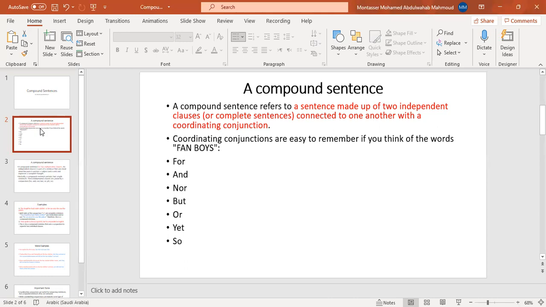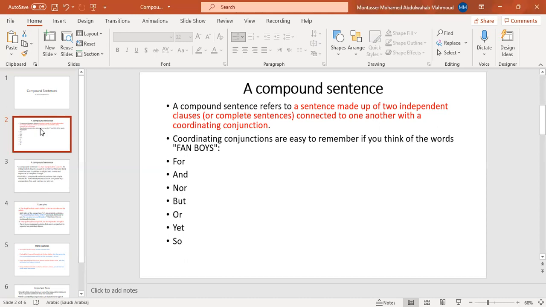So these words, FANBOYS, include the first letter of the seven coordinating conjunctions in the English language.